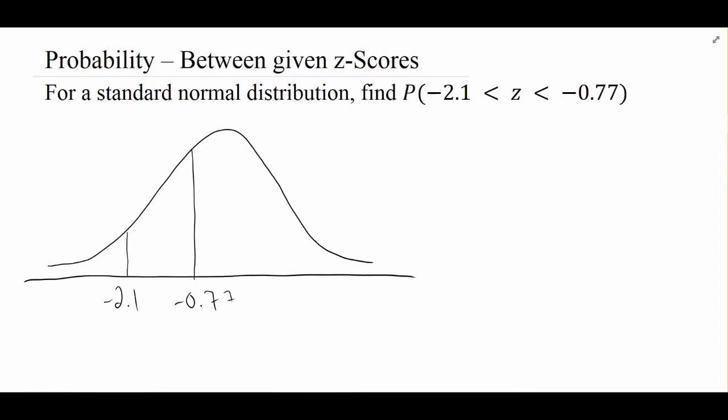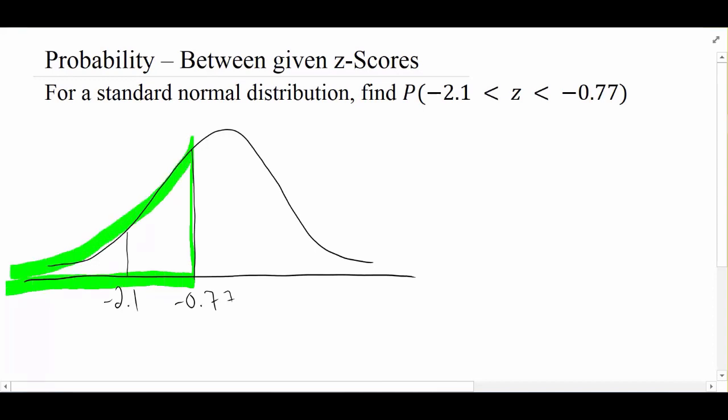Now, if we think about the table and what we can do, we can use the table to find this probability over here. That's good. We could also use the table to find this probability over here. But what we're looking for in this problem is what I have in yellow. So the goal of this problem is to find the probability of being between these two values.